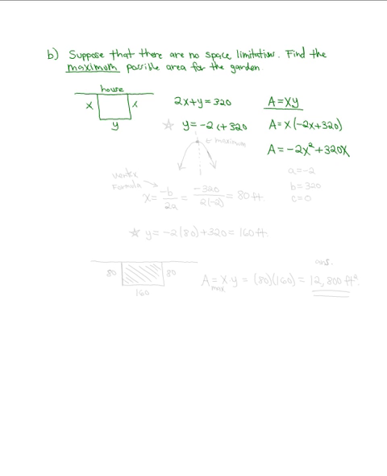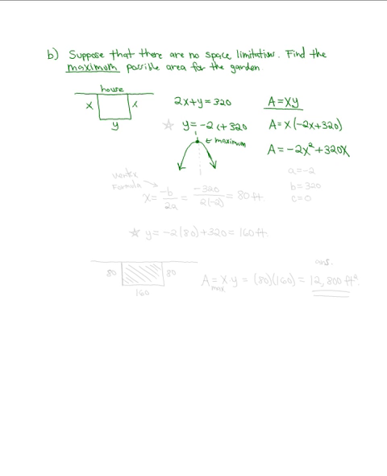So since we're trying to find the maximum possible area for the garden, you'll notice that the area equation is quadratic, and the leading coefficient is negative 2. That negative leading coefficient tells you that you have a parabola that's upside down, and then at the very top, at the vertex, you have your maximum.